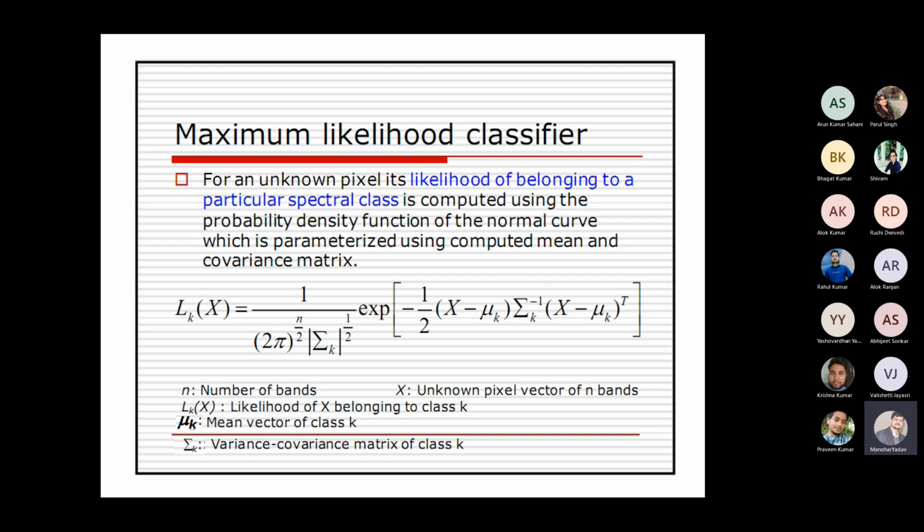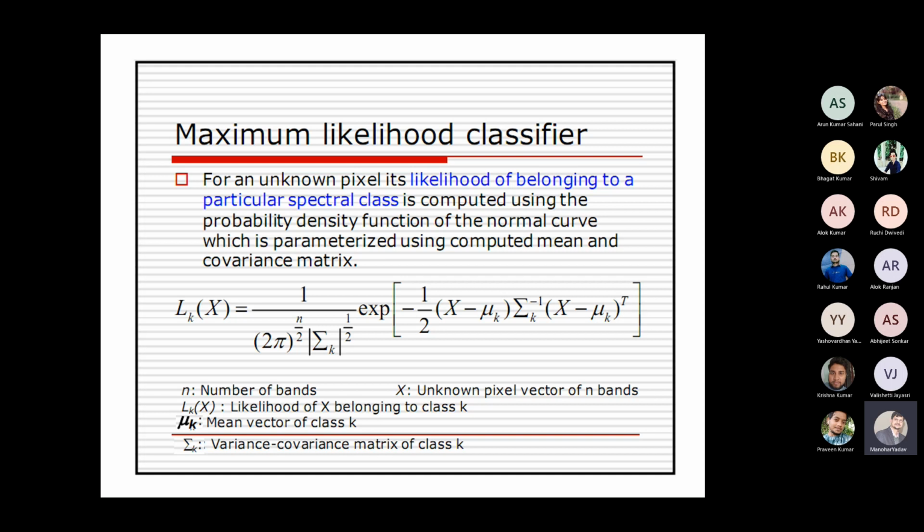So mean, variance, and variance covariance matrix are the statistical representation of a particular class, and these parameters are calculated using the training samples collected for that class.